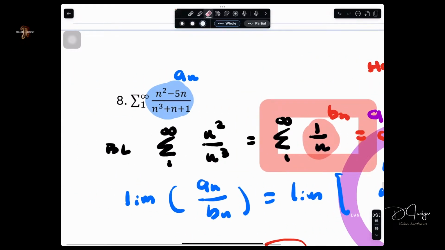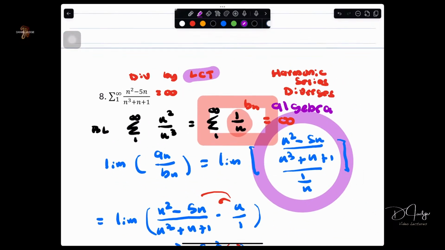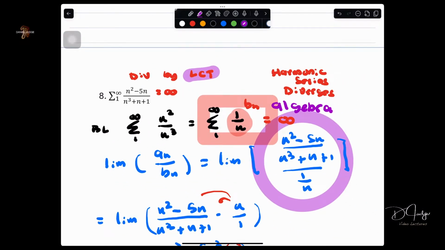What that means is this series also equals infinity. It diverges by the limit comparison test. Okay? They both diverge by the limit comparison test.